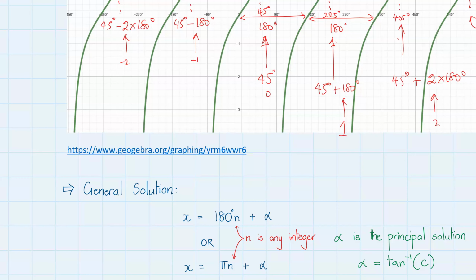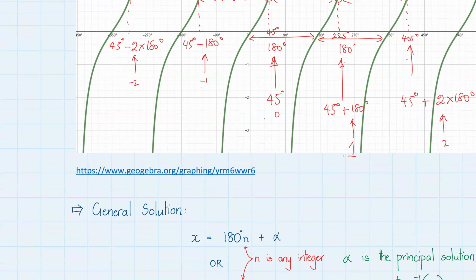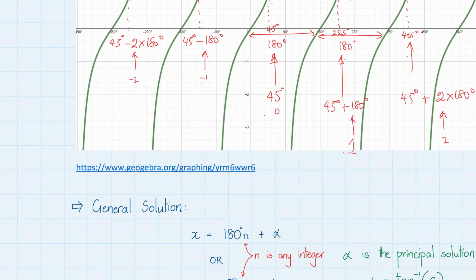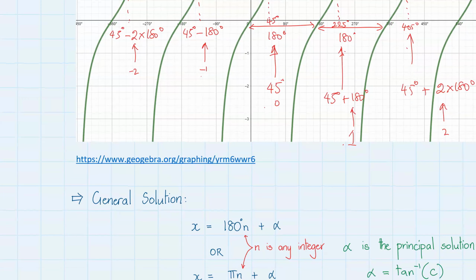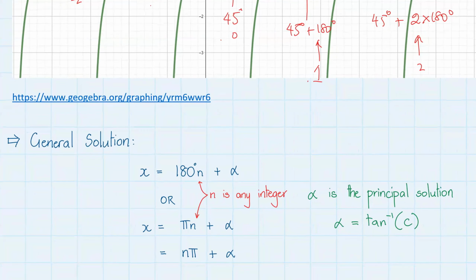So it goes minus 2, minus 1, 0, 1, 2. Yep, those are all integers. 180 degrees times an integer n plus whatever the original solution was, which is the principal solution, alpha. So that's a new term you learned: principal solution, the original solution. So 180 degrees n plus alpha.